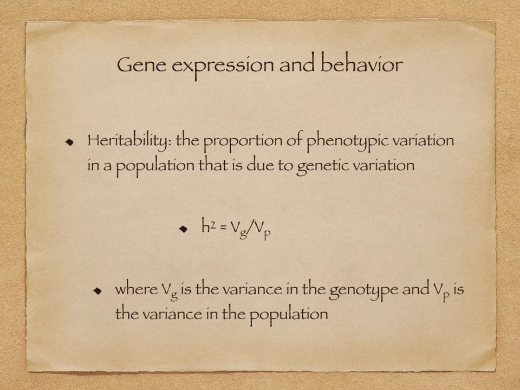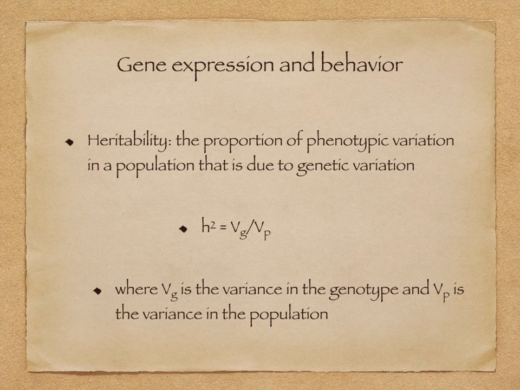We still talk about it in the same way. We talk about heritability, and heritability is the proportion of the phenotypic variation in a population that is due to genetic variation. Remember, we're distinguishing now between phenotype and genotype. So what is visible to us on the surface, on the outside, is phenotype, and genotype is what's actually encoded in our genes.